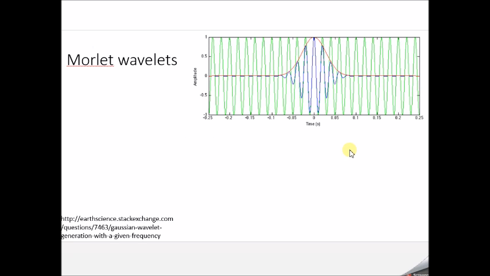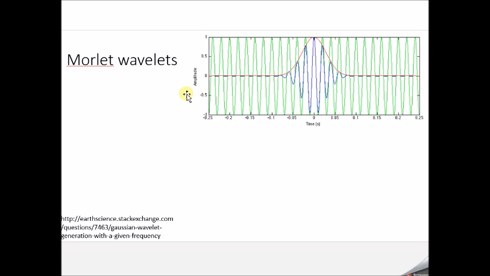Before getting into a wavelet transform, let's look at the specific wavelet that we're going to be using. The wavelet that we'll go over today is called the Morlet wavelet, and that is the blue line here. It's a sinusoid that's decaying as you get away from the center of the wavelet, or the filter.